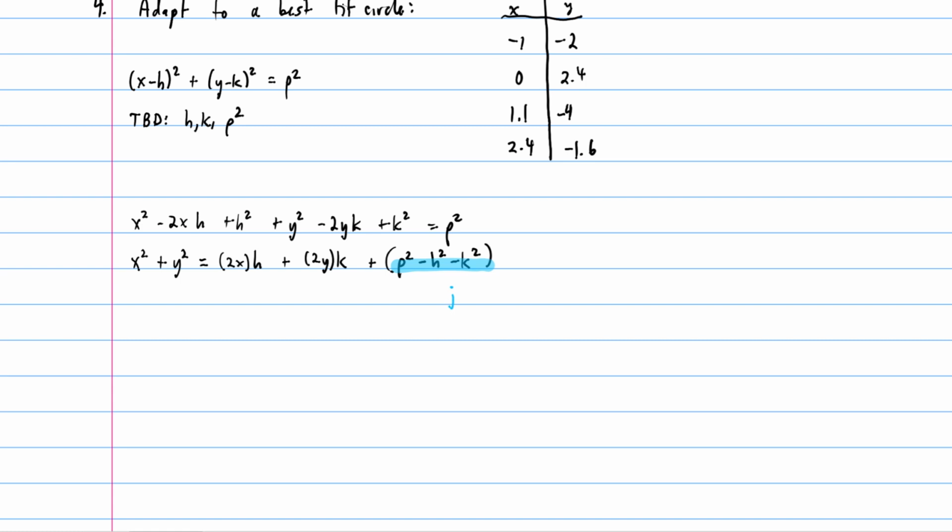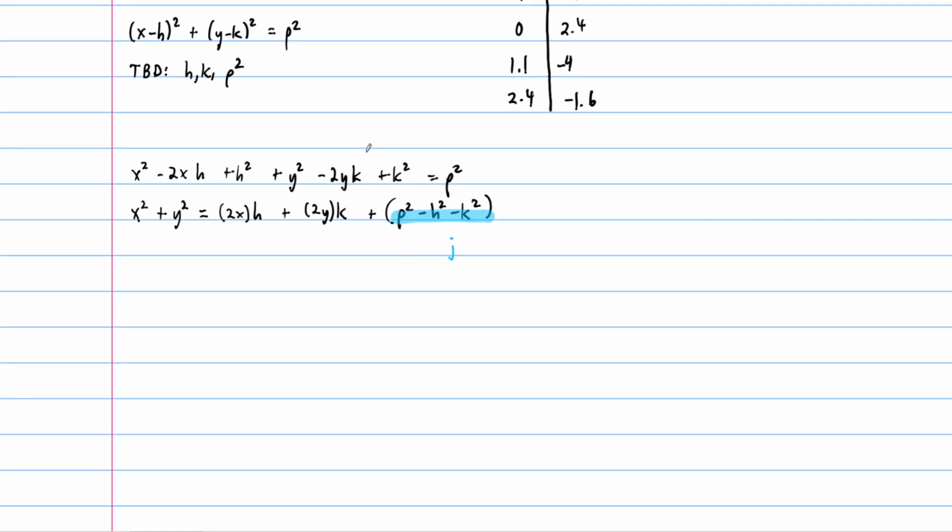And so then our system is going to be determined by the following. Our matrix equation is going to come from, I'm going to rewrite this now, 2x times h plus 2y times k. My parentheses should be this way. So coefficient h, coefficient k, plus j, right?